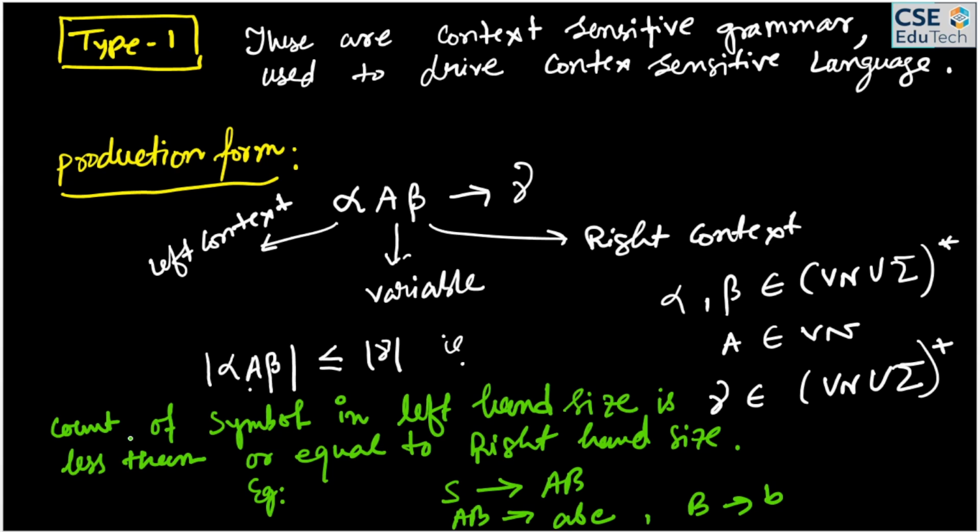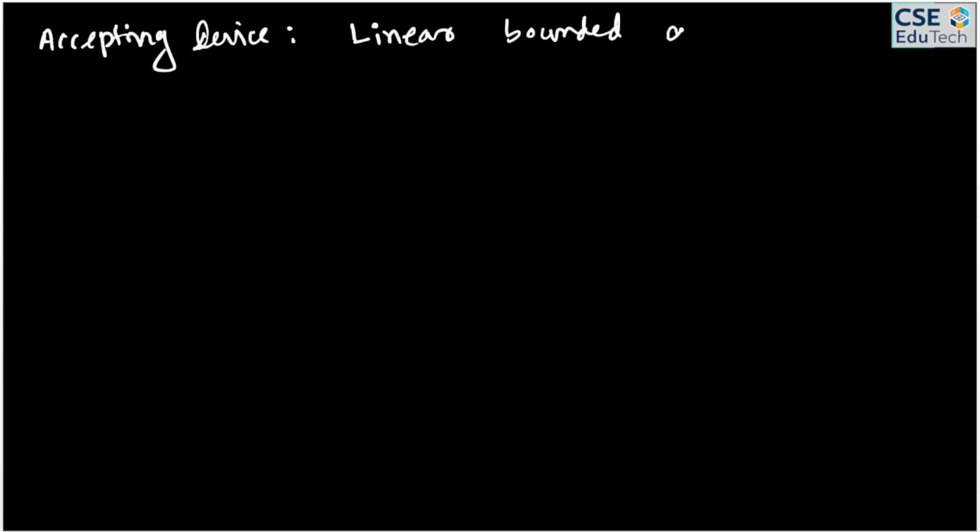And the accepting device for the type 1 grammar is basically a linear bounded automata. Clear? So the accepting device is a linear bounded automata.